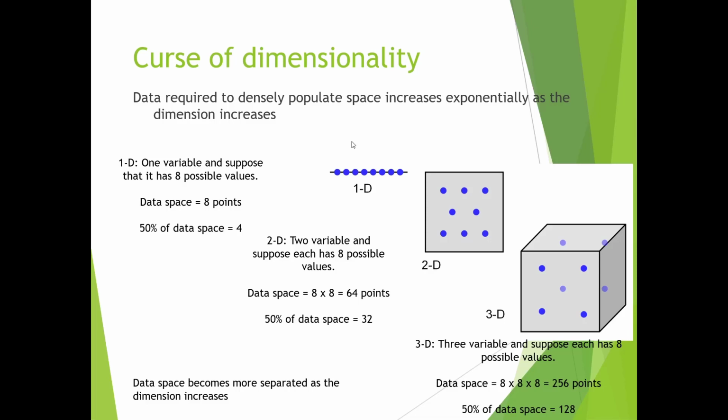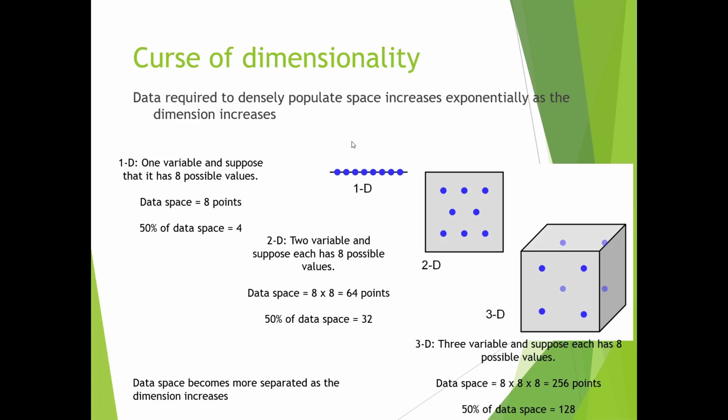To get the same 50% representation, now you need 32 observations. If you take only 8 observations out of 64, that's less than about 15%.